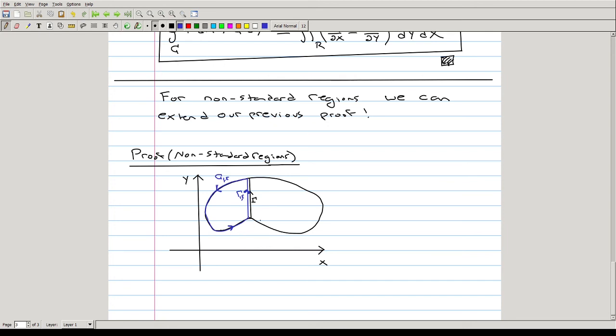Likewise, we'll introduce a C2 epsilon going around and touching this boundary right here.